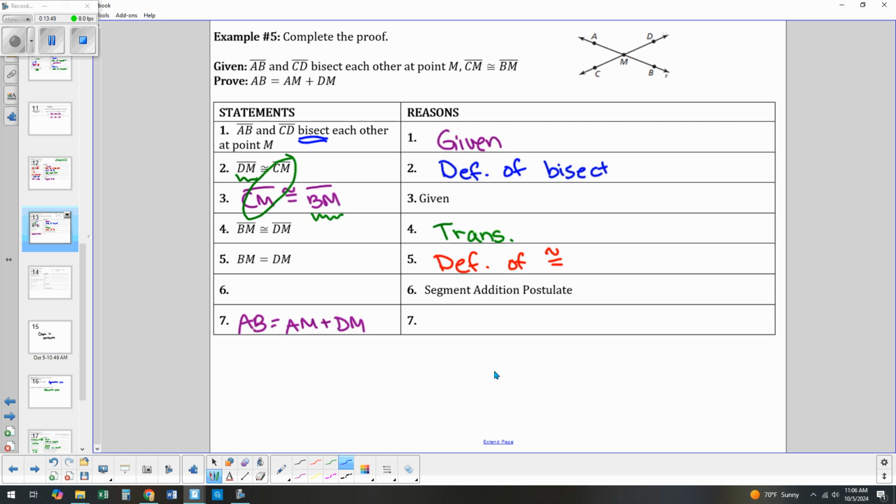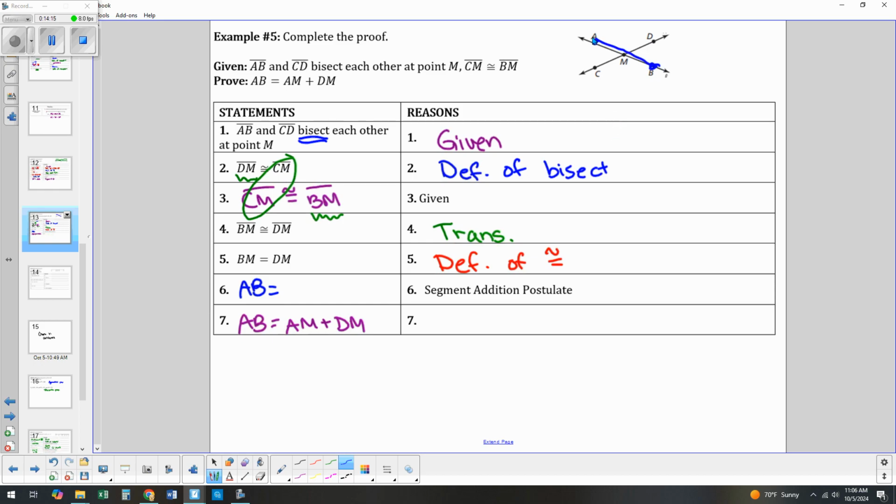And they tell me I want to use the segment addition postulate. So there's 2 different segments I could be using in this picture. I could be using CD or I could be using AB. And if I look at the very last step, I know that I want AB equals something. So that's what I'm going to focus on. I'm going to use AB equals, and let's look at our AB segment here.